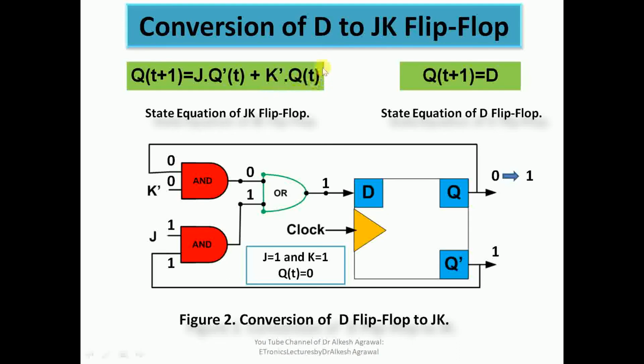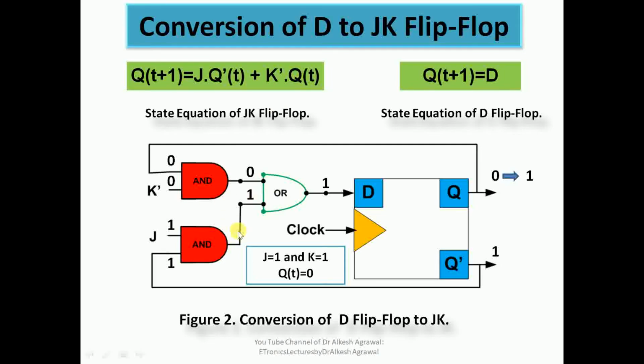Next is K complement and Q(t). So we took another AND gate. One of the inputs is K complement, and the next input to the AND gate is the feedback from Q(t). So this Q(t) is fed back at this AND gate, and now we have to OR these two terms.